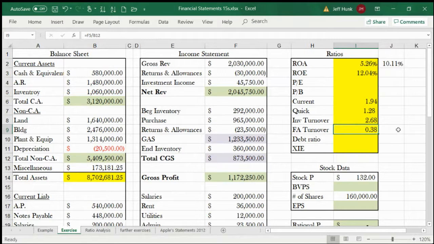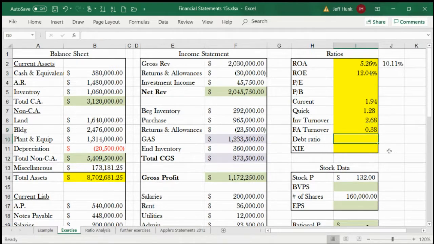If you're a manufacturer with decent capital investment in the fixed assets, it would take years to recover your initial investment or sunk cost in the fixed assets.